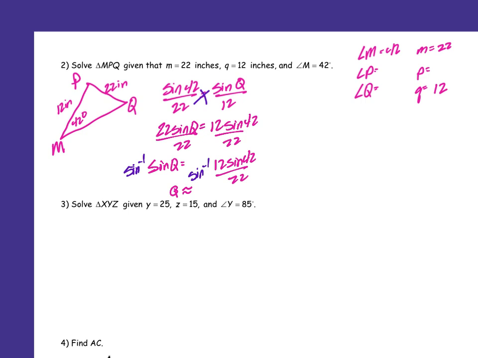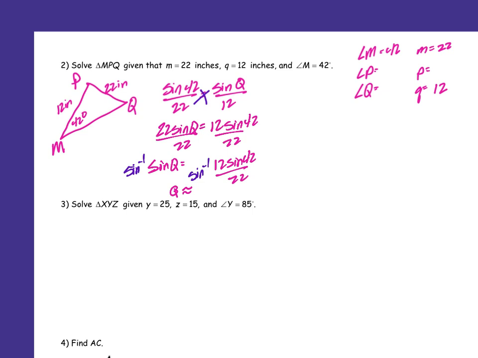Sine inverse, and then parenthesis of 12 times sine of 42, parenthesis, divided by, nope, that messed up.